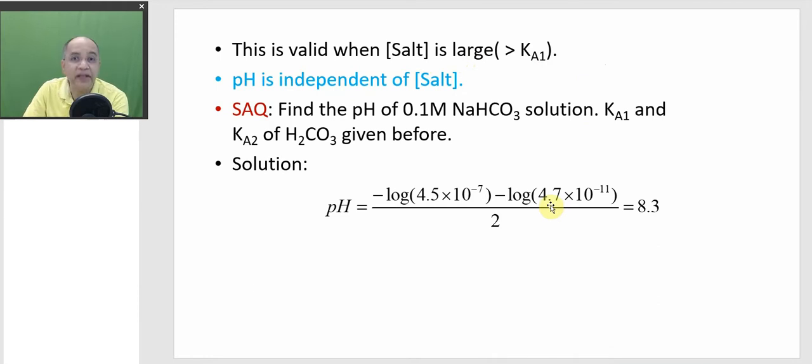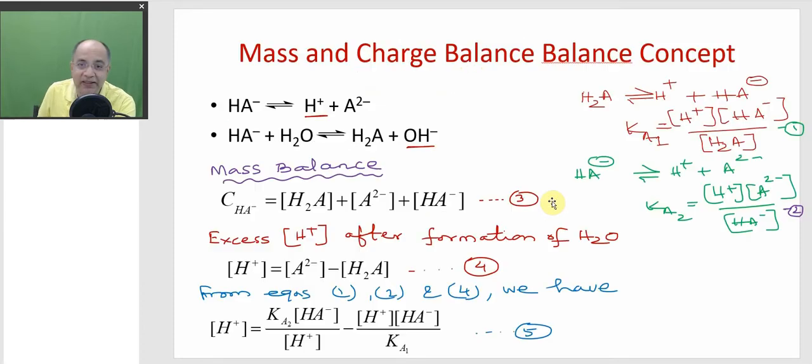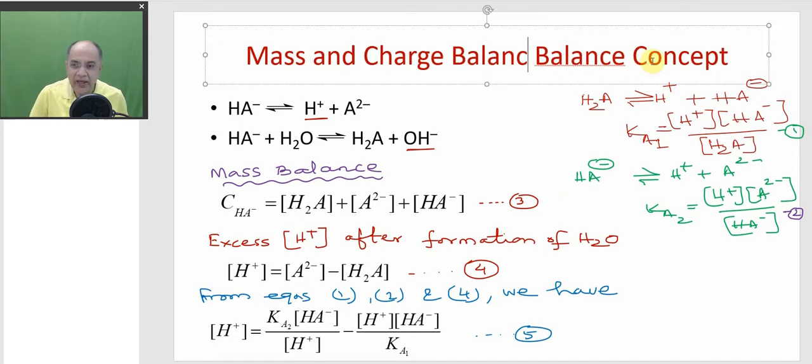You might be asking why, because that why will be found in this actual calculation. I wanted to give you the actual mass balance, charge balance concept to make you more clear why this approximation is valid. I didn't give this mass balance, charge balance concept everywhere.